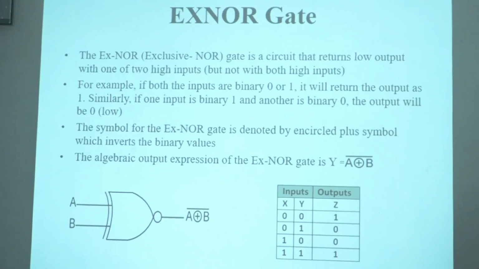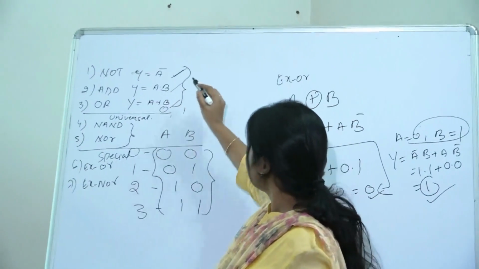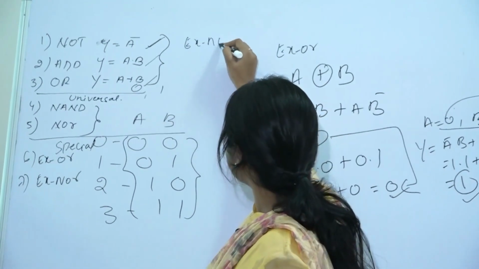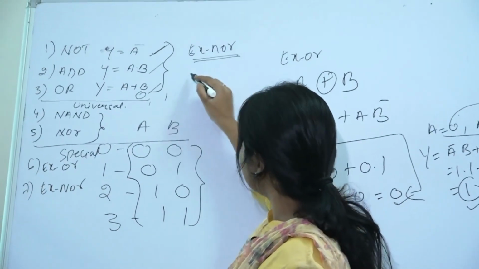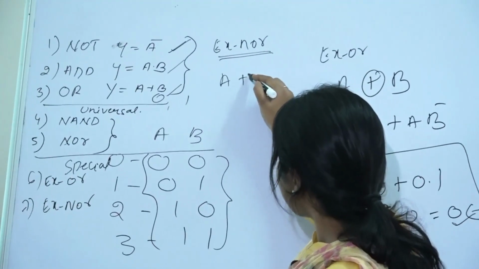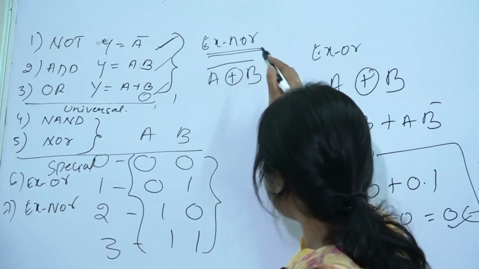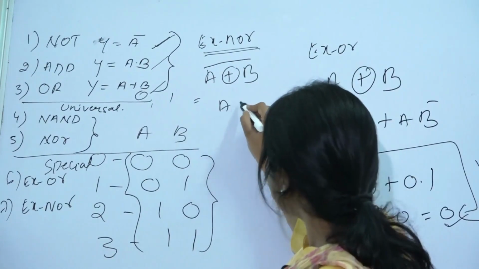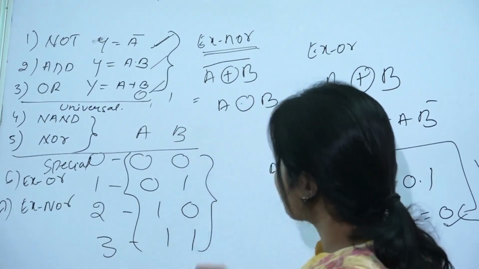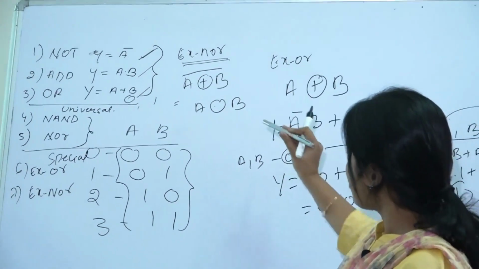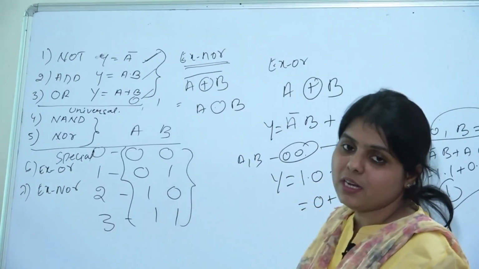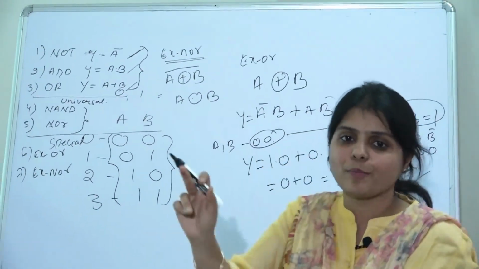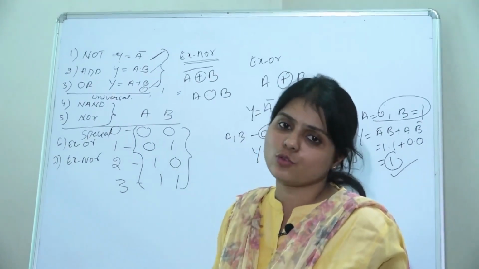So there are two variations you can apply. You can represent your XNOR gate in two ways. One is A XOR B whole complement, or you can also write it as A XNOR B. The encircled dot symbol, or encircled plus complement, will give you your XNOR gate.